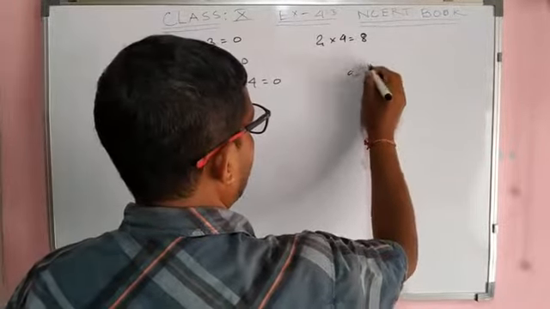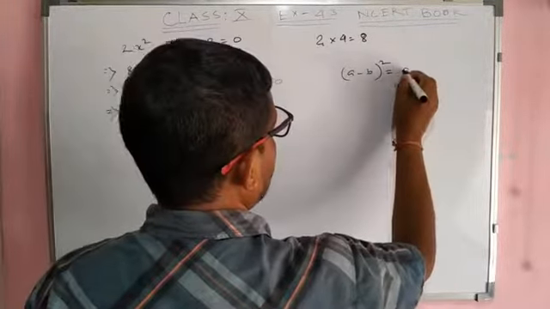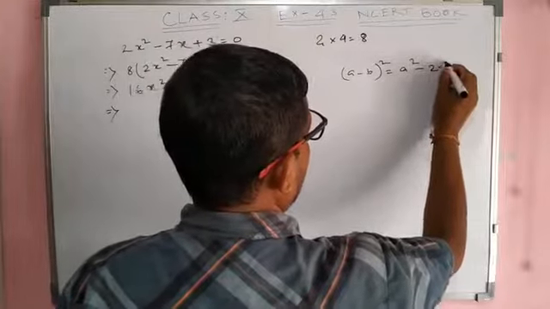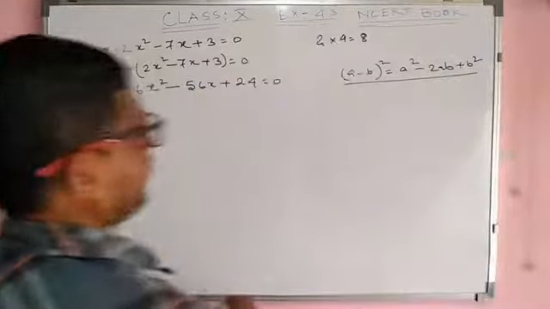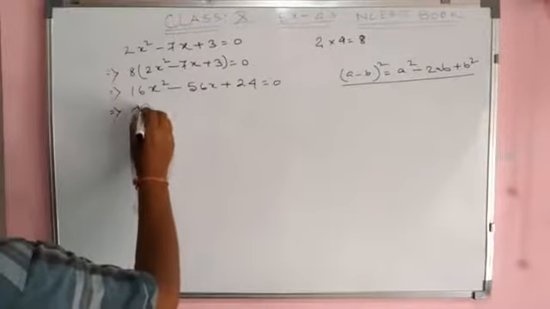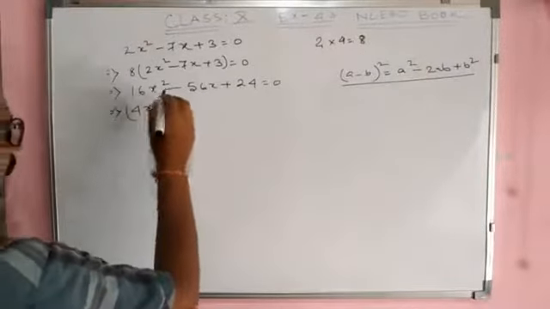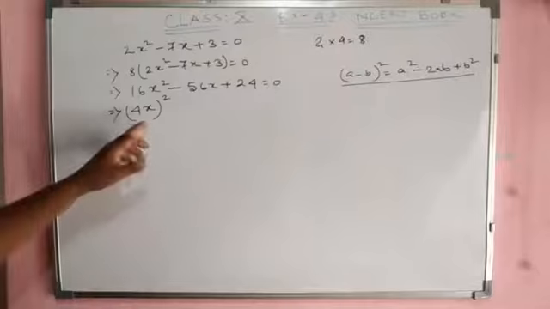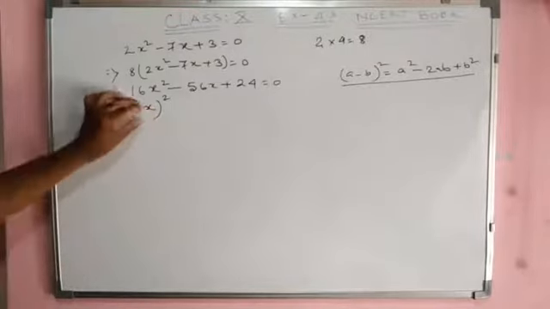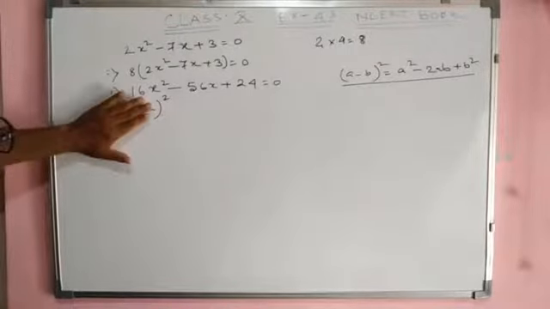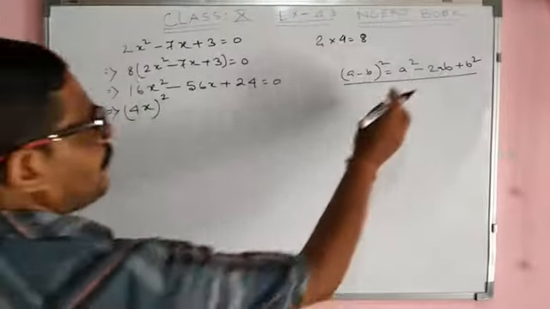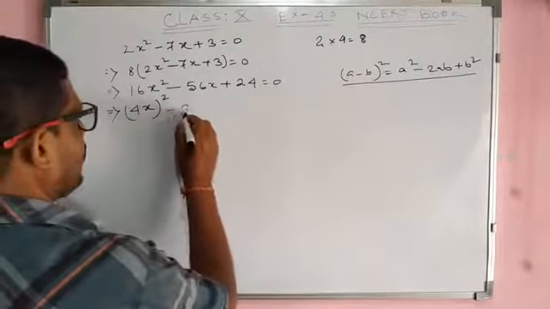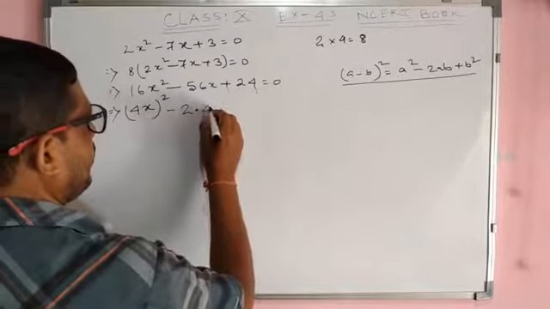Now let us try to find out the formula here. a minus b whole square equal to a square minus twice ab plus b square. We will try to apply this formula here. So I can write this in this form. 16x square is 4x whole square, so a will be 4x. According to the formula, I write here 2 into a.